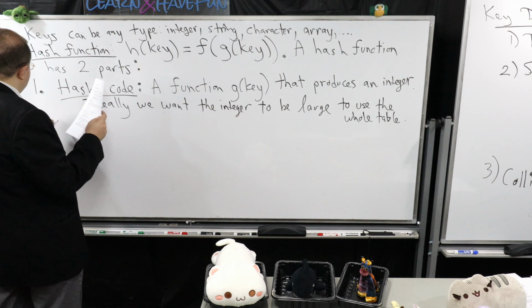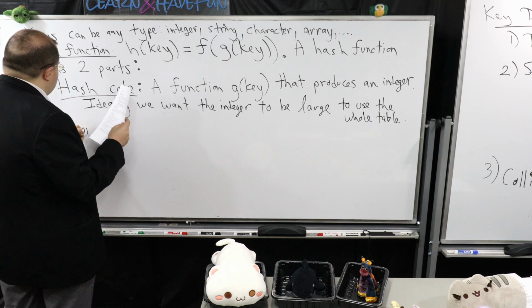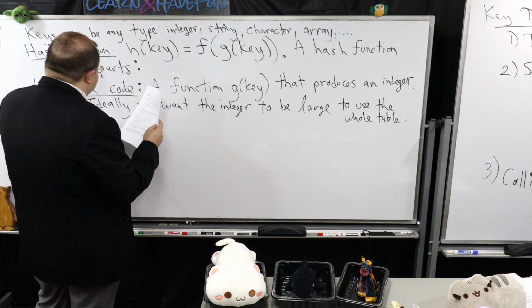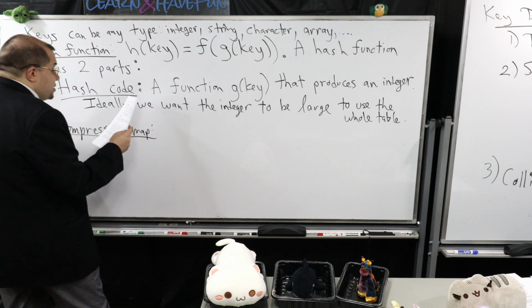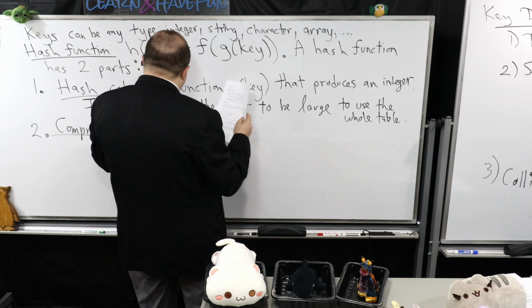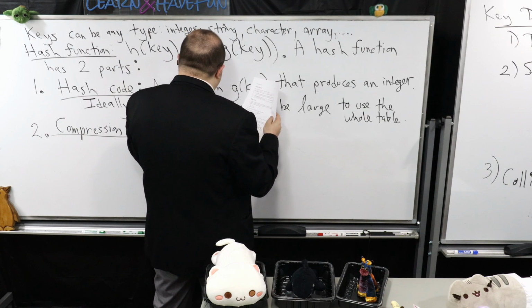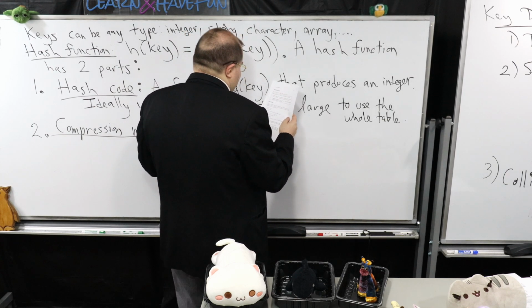The second part is the compression map. This is probably the easiest part of this. The compression map is a function. I'm going to use that mapping notation I used at the beginning of the lecture.